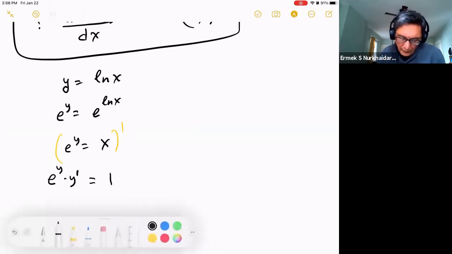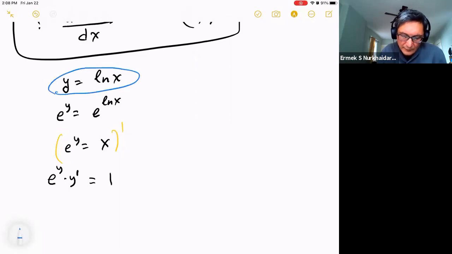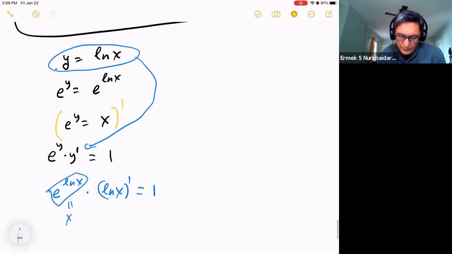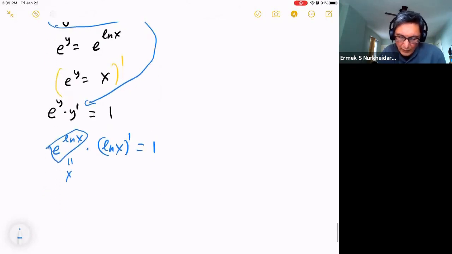I recall that y equals ln of x. So I get e to the ln of x times the derivative of ln of x equals 1. e to the ln of x equals x, so x times the derivative of ln of x equals 1. So the derivative of ln of x equals 1 over x.